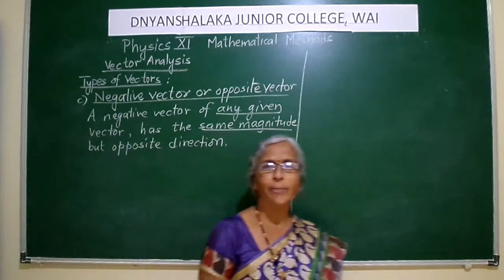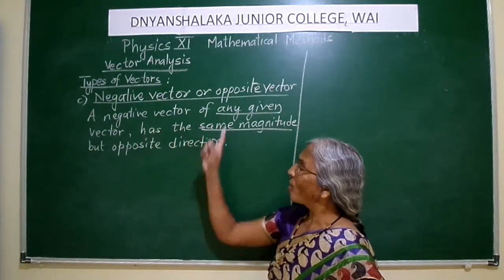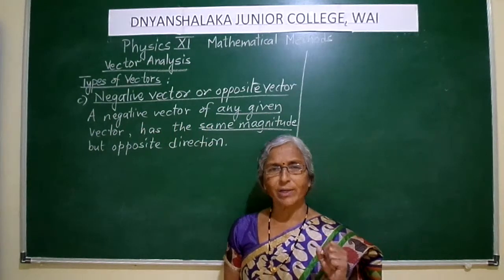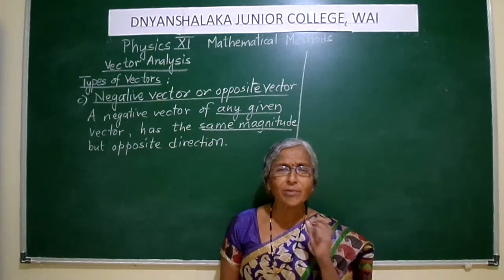What are we saying? A negative vector of any given vector. So negative vector will be for a given vector.